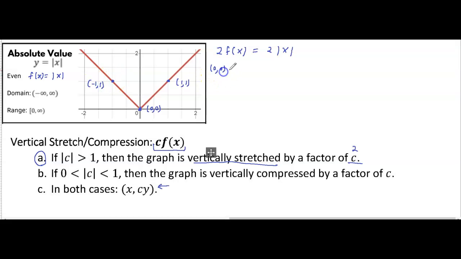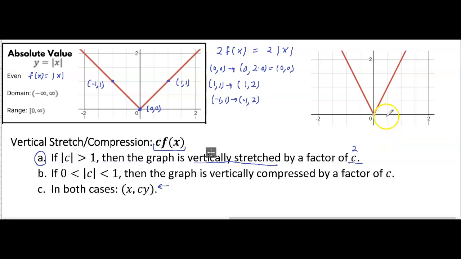we expect 0, 0 to become 2 times 0, which is the same thing as 0, 0. So again, we're not shifting. And so that's going to be our prediction, and our graph looks like this. We could already see that it looks skinnier, which we could think of as a horizontal compression, or we could think of the fact that it looks taller now, which is what we mean by a vertical stretch.